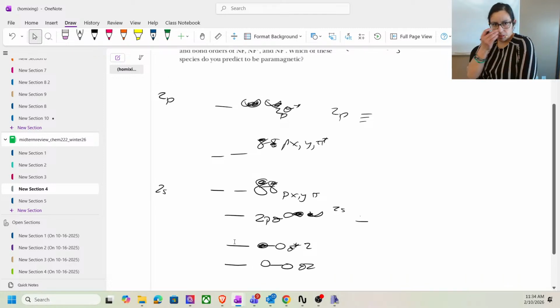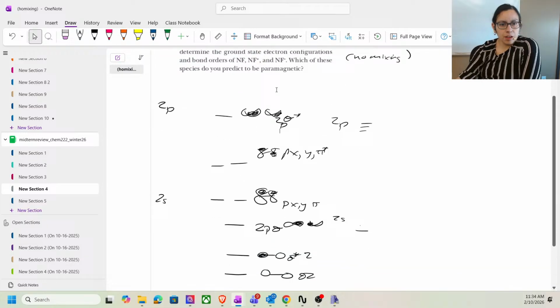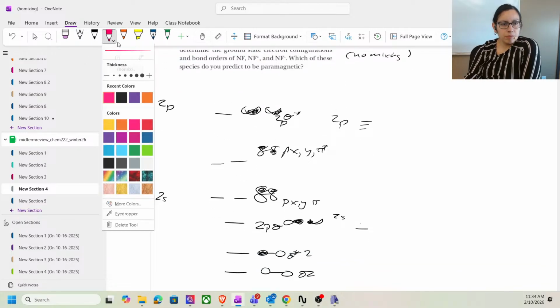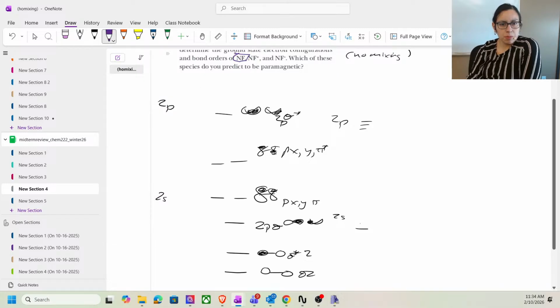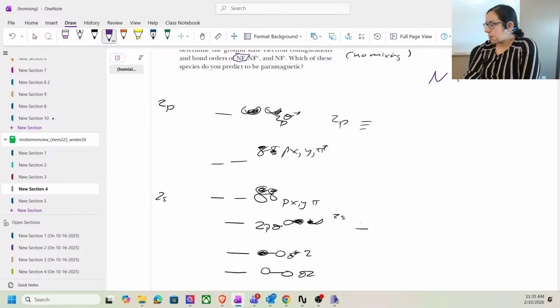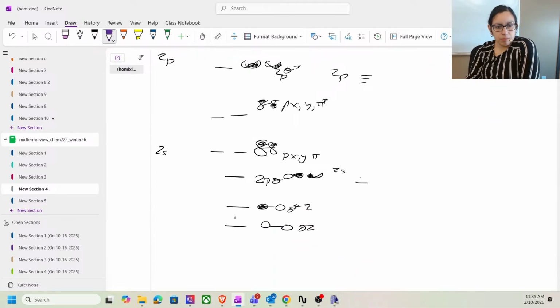So then how many valence electrons do we have? Let's just start with our NF. I'm trying to draw it in purple. So how many electrons do we have, again just looking at our valence? So 12 electrons. And so what did you notice about this species?